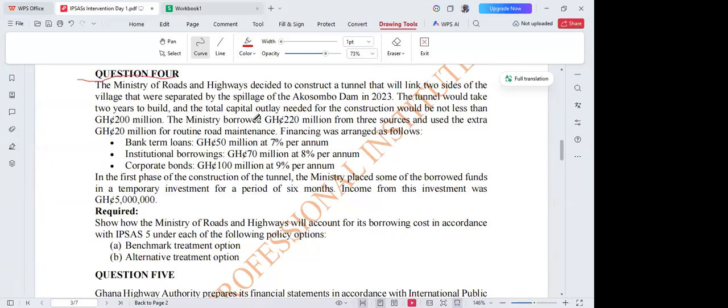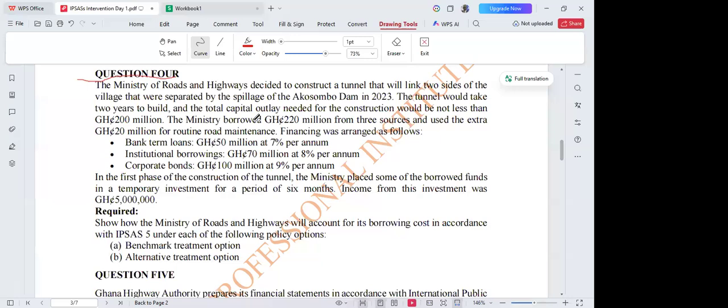The ministry borrowed 220 million from three sources and used the extra 20 million for routine road maintenance. Financing was arranged as follows: bank term loans, 50 million at 7% per annum; institutional borrowings, 70 million at 8% per annum; corporate bonds, 100 million at 9% per annum.